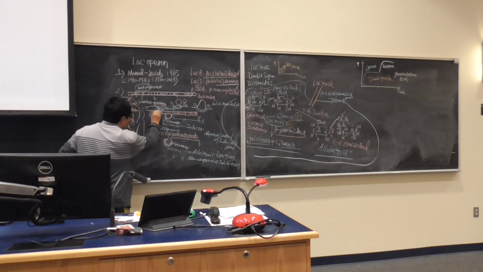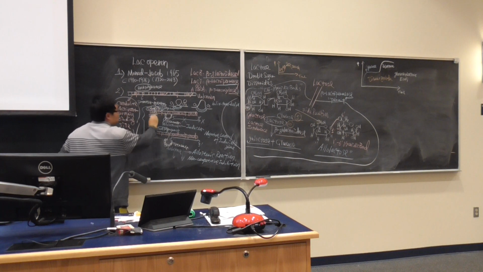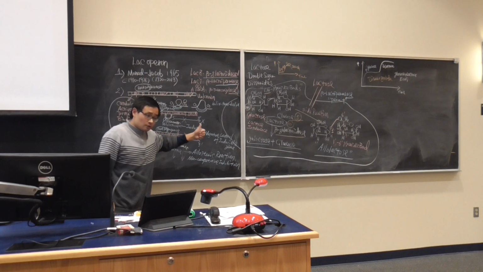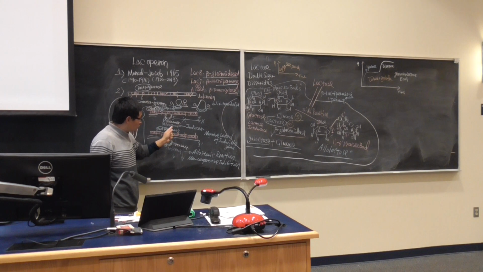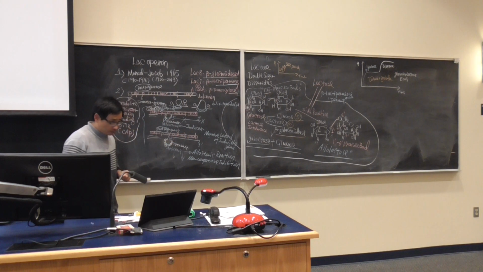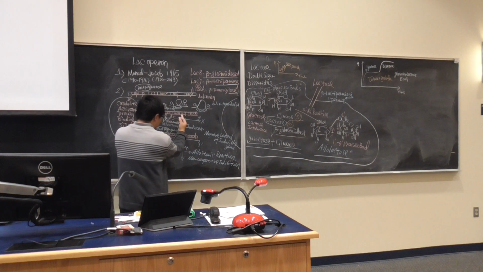And this area, you have to combine with cAMP. Then they will start to work. And the cAMP combined to the CAP, we call it a positive control. And at the same time, the inducer has to be attached to the tetramer to do the same thing, which means they have to work very well.